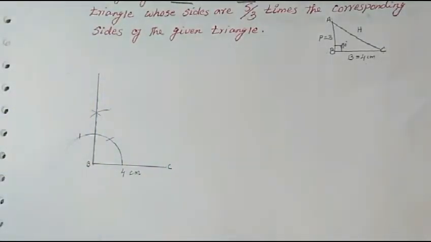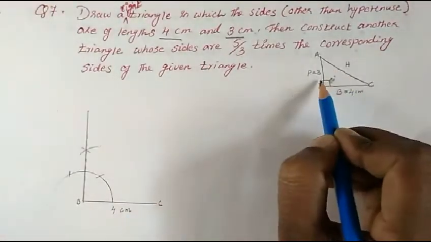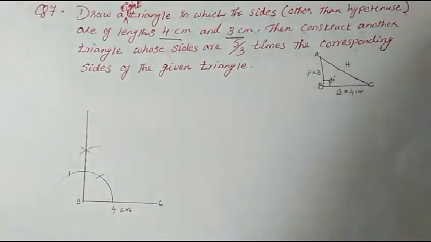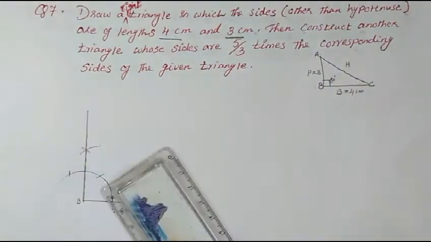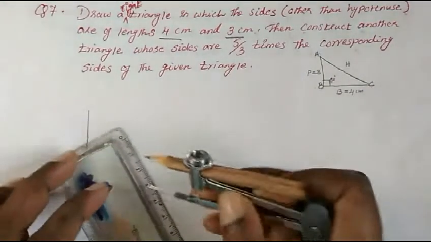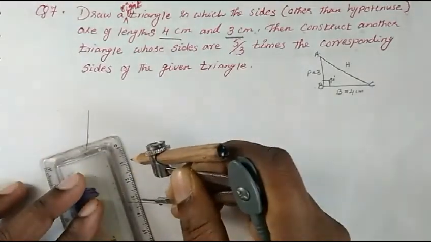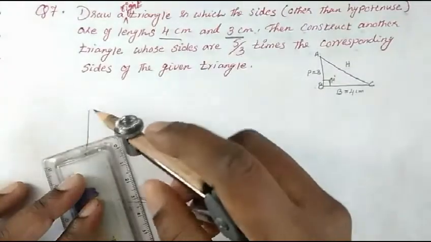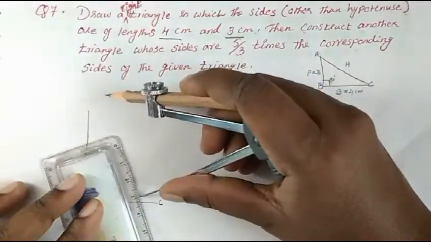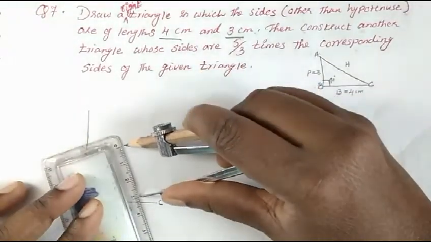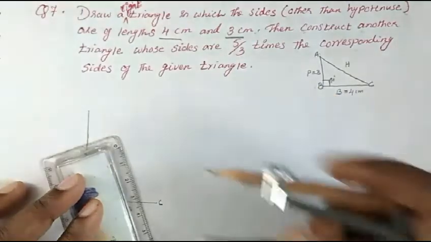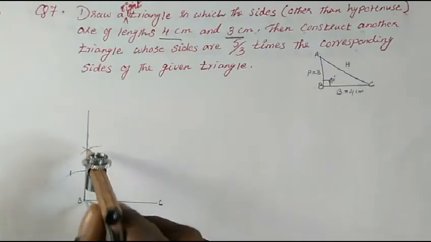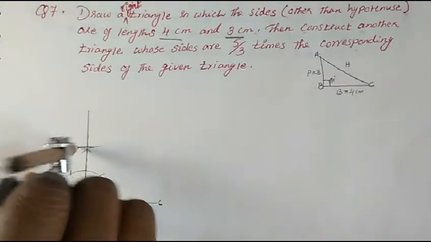Okay, so now we need the perpendicular. This is the perpendicular, so 3 cm it should be. So let us take 3 cm in our compass. Okay, so keep B as center, then give a cut.